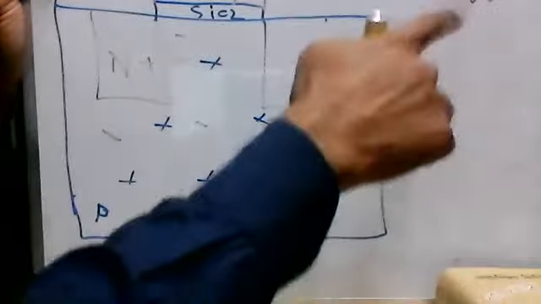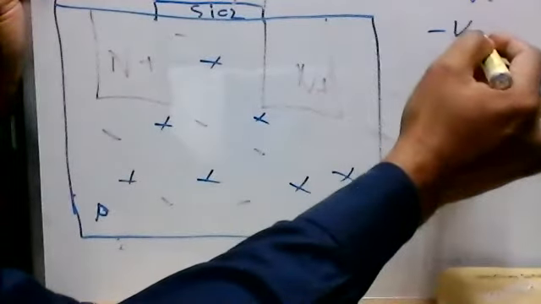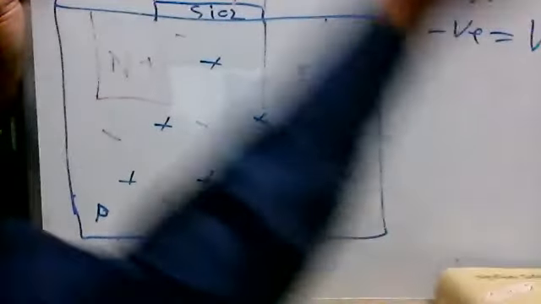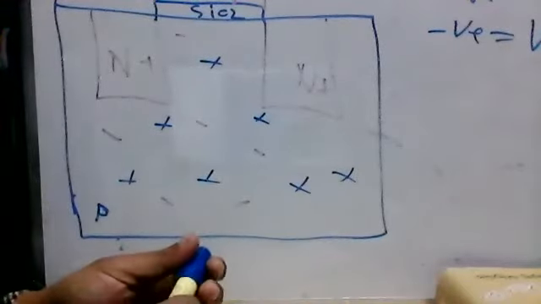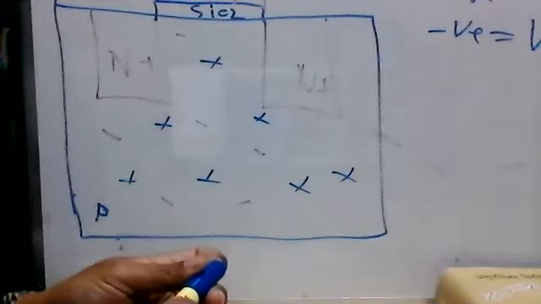VDD, why the name VDD? I will explain later. And the negative voltage we call VSS, right? Not ground. Negative voltage we call VSS, and positive voltage is considered as VDD.